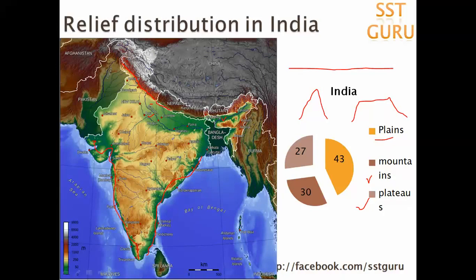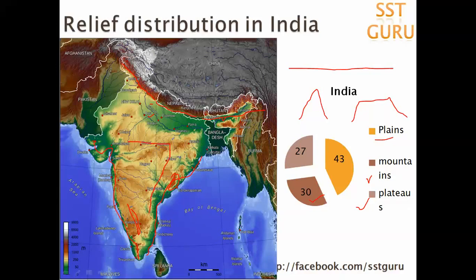The Himalayas run from the north to northeast, and mountains constitute about 30% of India's landmass. Not just the Himalayas, you also have some mountain ranges in the Western Ghats here, and also in the Eastern Ghats. Now coming on to the plateau, you have a big plateau here.